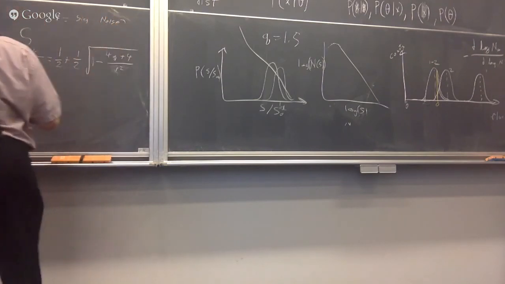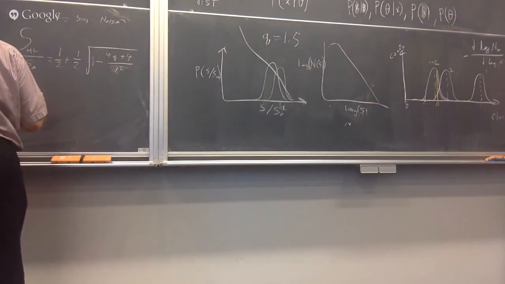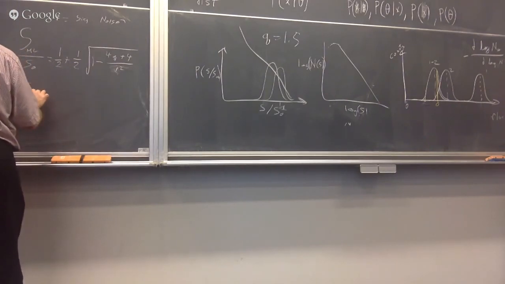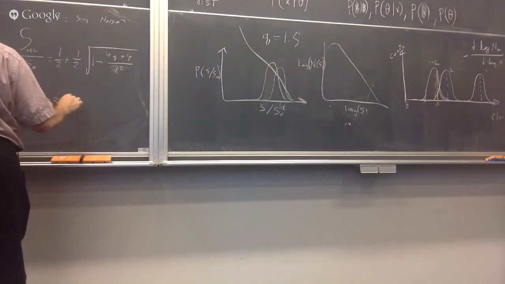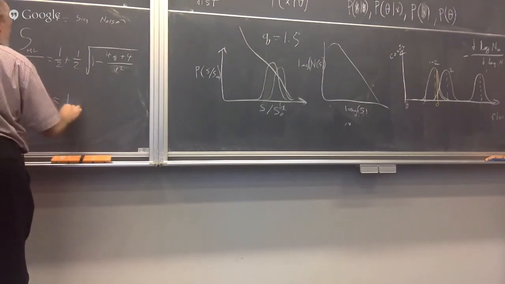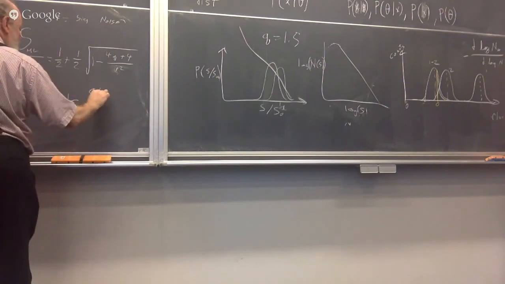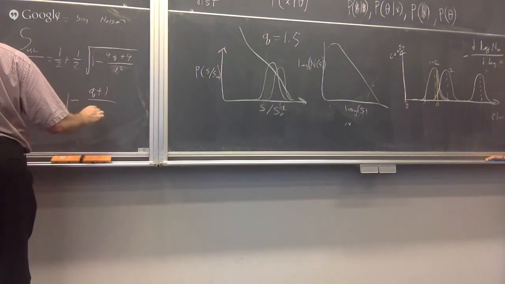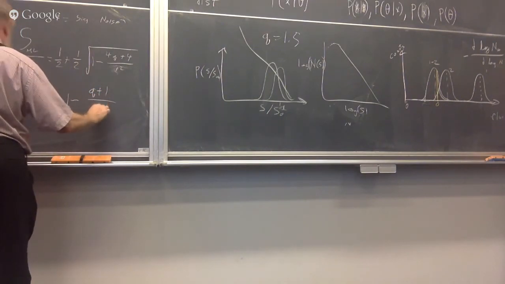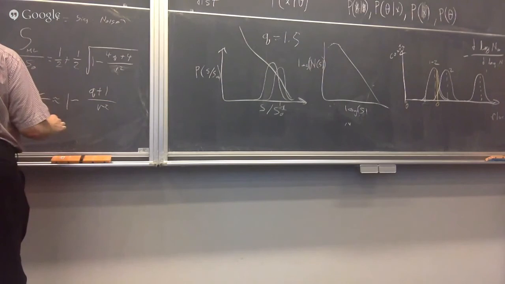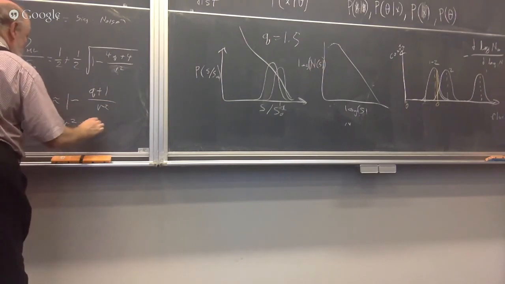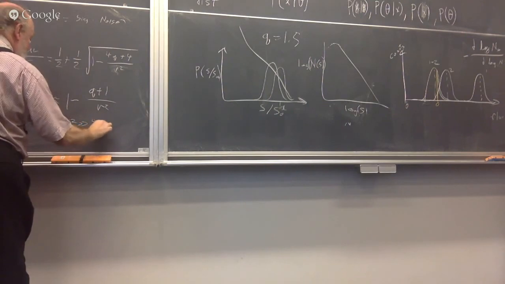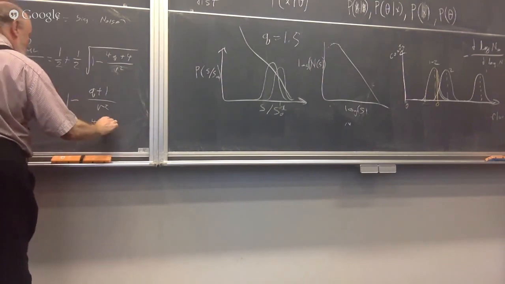And if r is fairly large, it's approximately equal to 1 minus q plus 1 over r squared, for r squared much greater than 4.